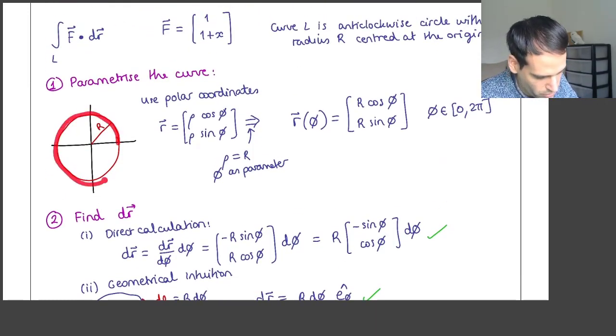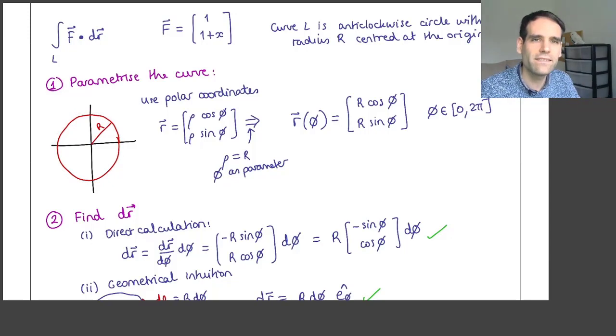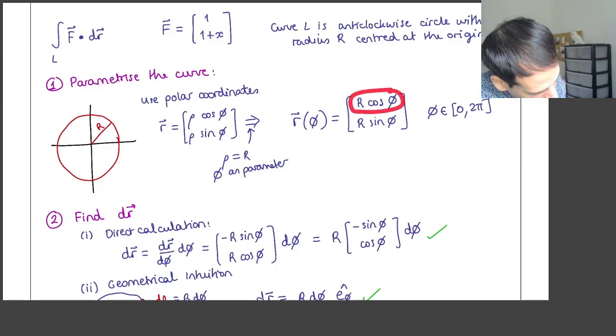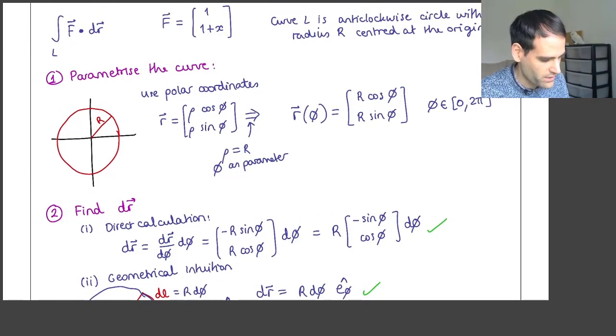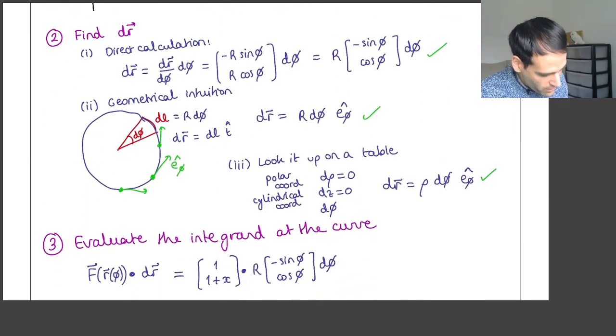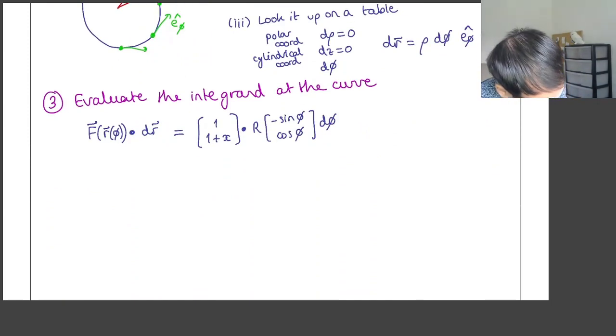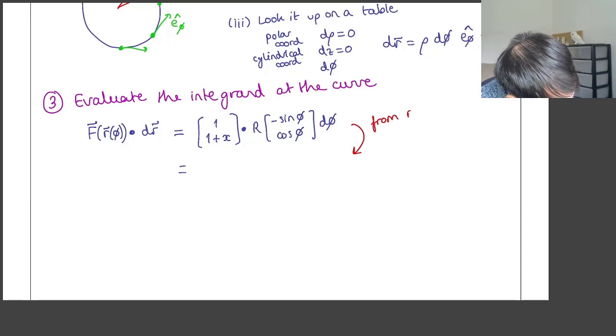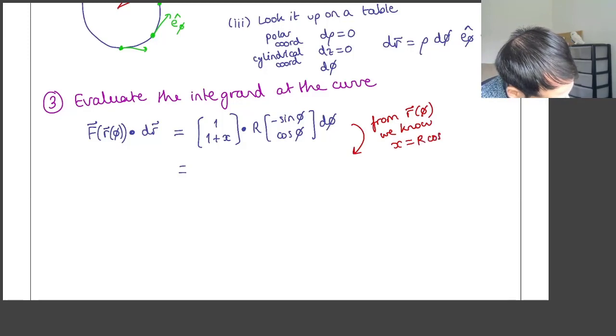Anything that changes as we move around the curve, you need to write it as a function of the parameter phi. Which means that we need to substitute x equals r cosine phi, which is the equation of the curve. So when you are moving around the curve, the x value is always r cosine phi. Let me write it here. From the curve, we know that x equals r cosine phi.